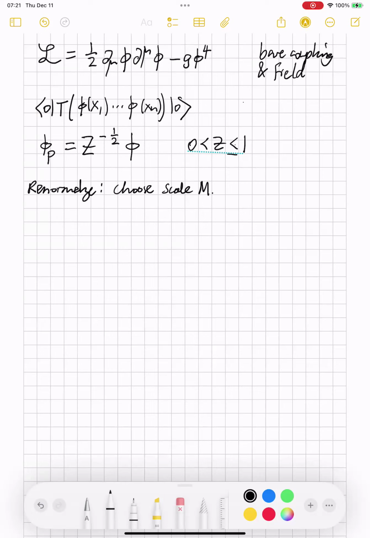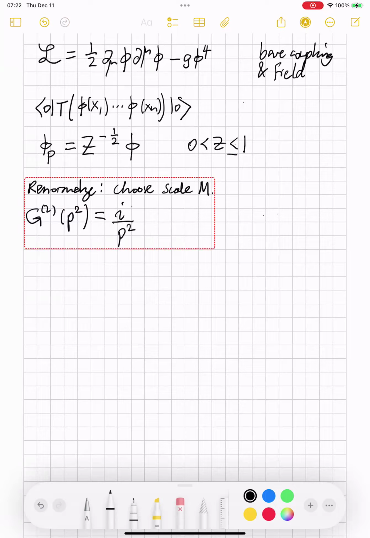So we would take the 2-point function in momentum space now. So imagine that I have taken a Fourier transform to momentum space, and we would set this equal to i over p squared. Now, this can't be true at all momenta, so we would choose to do this at some specific scale. So let's say at p squared is equal to minus m squared.